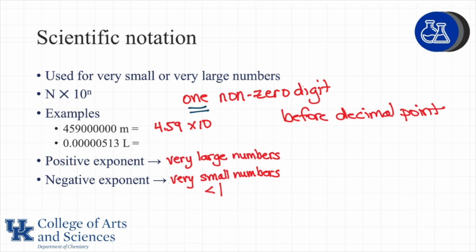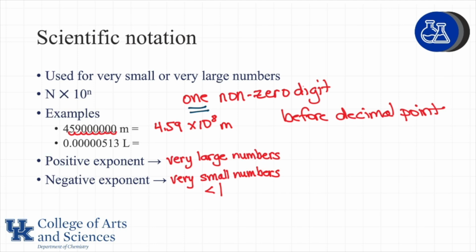So I'm going to go over to my number, and I'm going to count 1, 2, 3, 4, 5, 6, 7, 8. That tells me that I'm going to have the number 8 as the exponent, and it's going to be positive because it is a very large number. So I'll have 4.59 times 10 to the 8th meters.